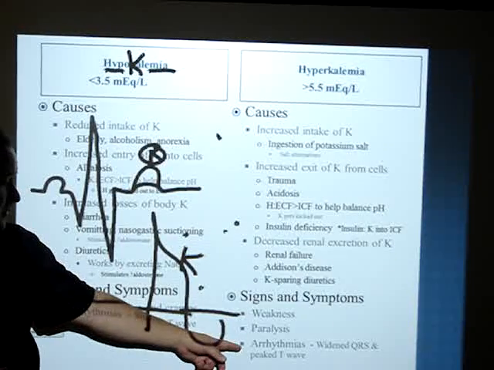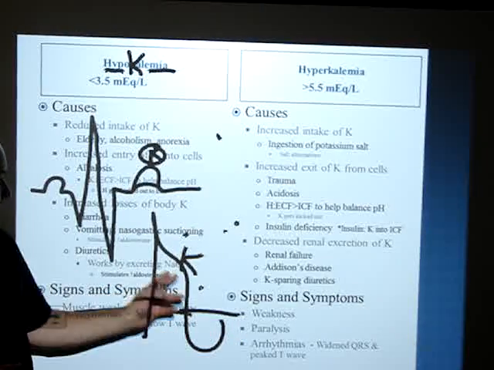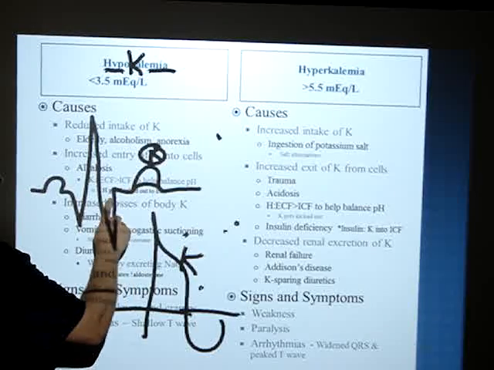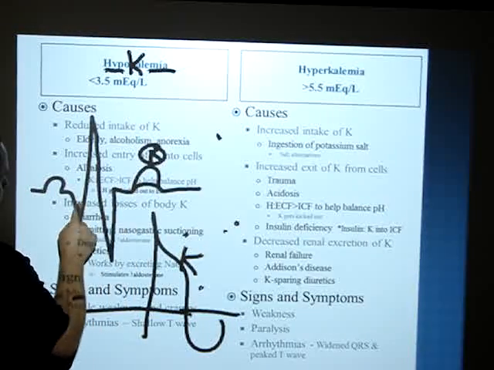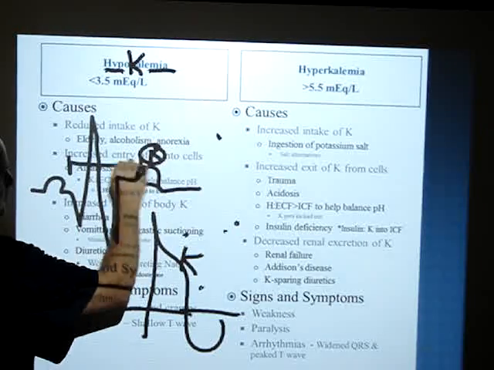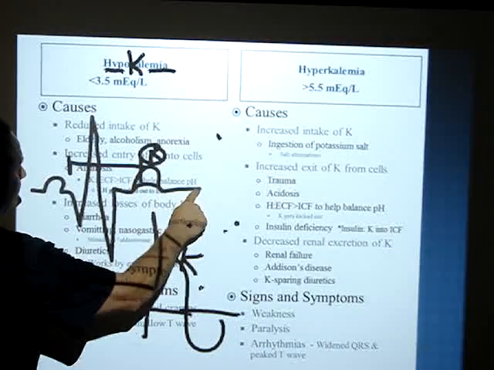And it would be bad to have arrhythmias or your widen. It's totally opposite here. When you get too much potassium, you get the whole widened QRS section here. That gets really wide, so it slows everything down, and then really peaks your T wave way up.